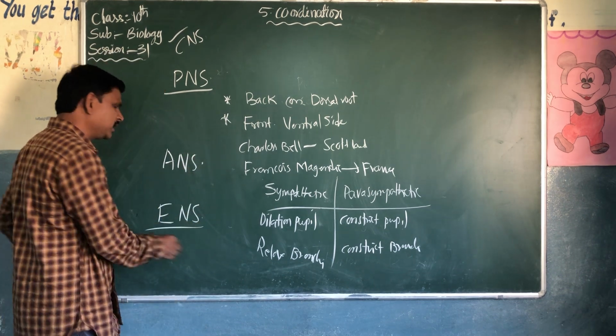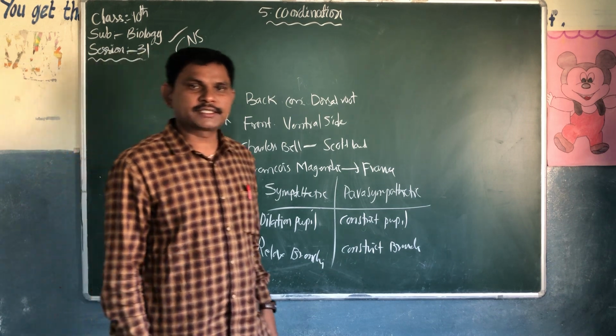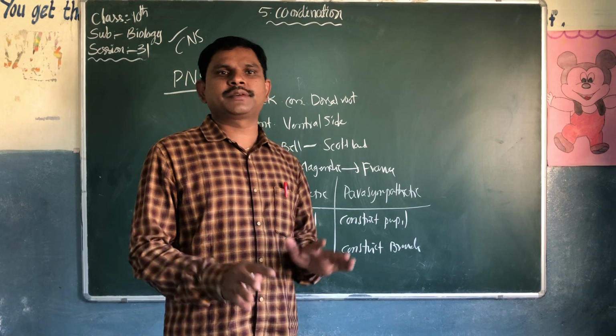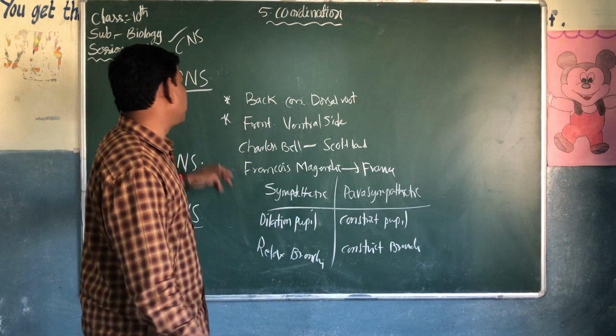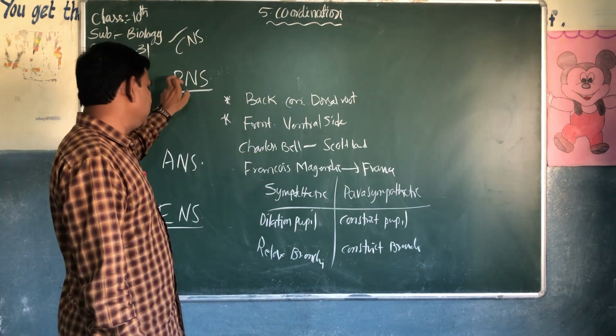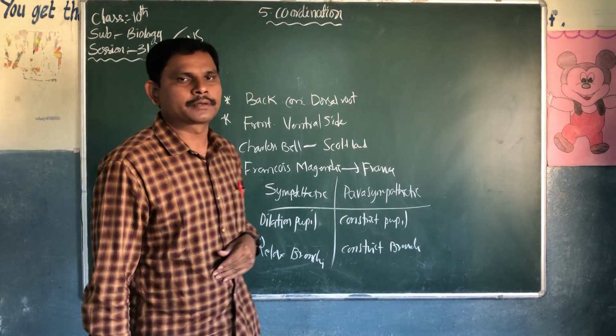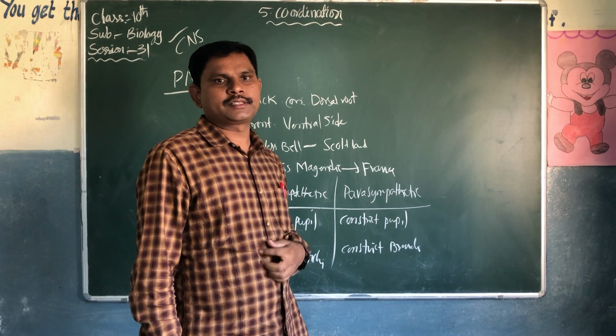The last one is the ENS, the enteric nervous system. The enteric nervous system is different when compared to the CNS, PNS and ANS. It talks about the stomach, the gut.